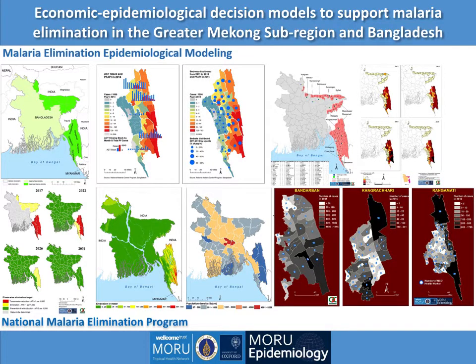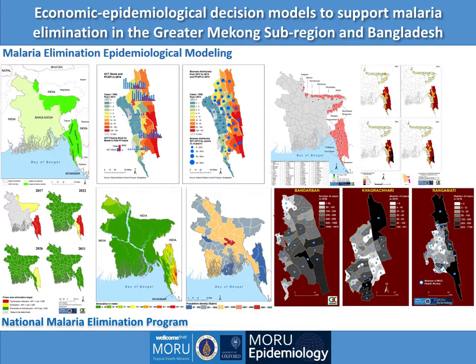Here you can see the first project I would like to present: economic epidemiological decision models to support malaria elimination in the Greater Mekong Sub-region and Bangladesh. On the top left, the first map represents the malaria cases and their geographical distribution in Bangladesh.